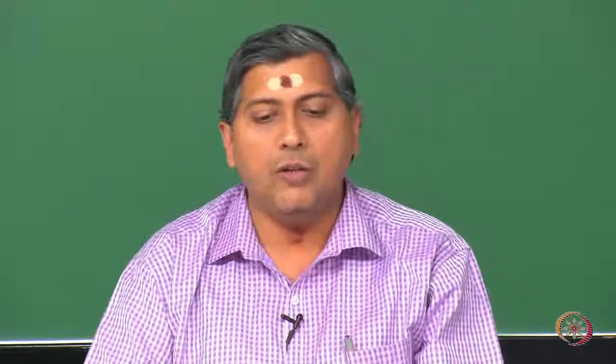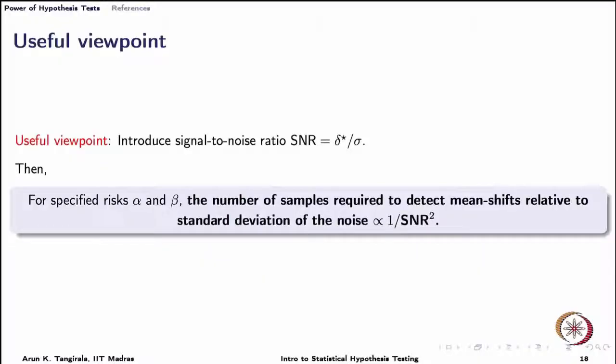So, you may also define signal to noise ratio as delta square by sigma square, absolutely fine. But if you were to define signal to noise ratio as delta by sigma, then it is pretty clear that the number of samples should be, strictly speaking, number of observations.